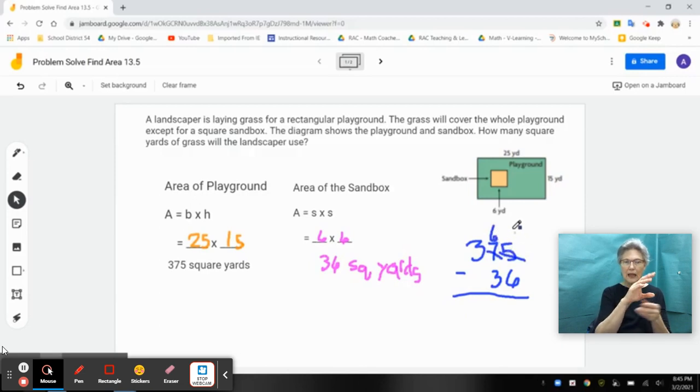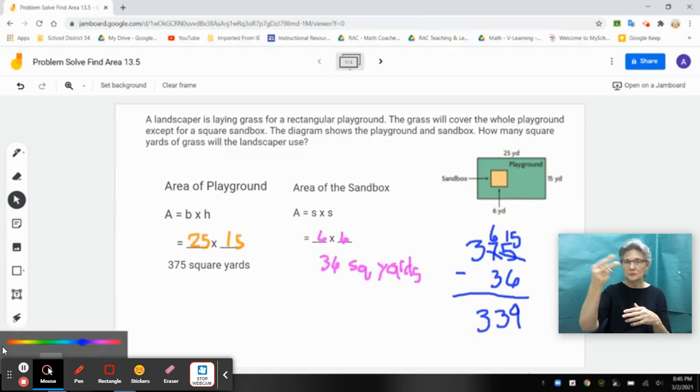I add my 10 to 5, and I have 15 ones now. 15 ones minus 6 ones gives me, that's right, 9 ones. 6 tens minus 3 tens is 3 tens. 3 hundreds minus 0 hundreds is 3 hundreds. Okay, so I have 339 what? Square yards.